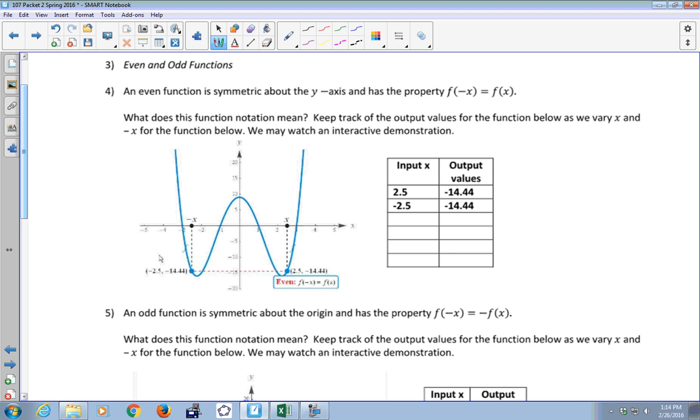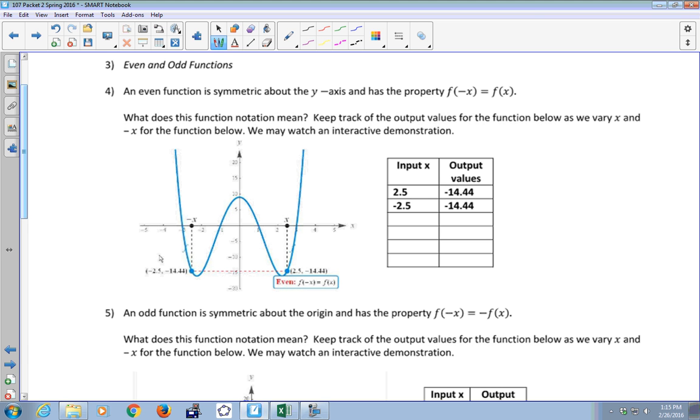Algebraically, that means that if you plug in opposite x values, a -x and a +x, you'll get the same y. So if you go to the right a certain amount and you go to the left the same amount, you get the same y coordinate. That's how we algebraically describe what we visually see as symmetry.